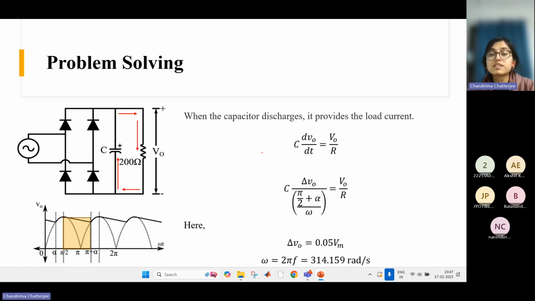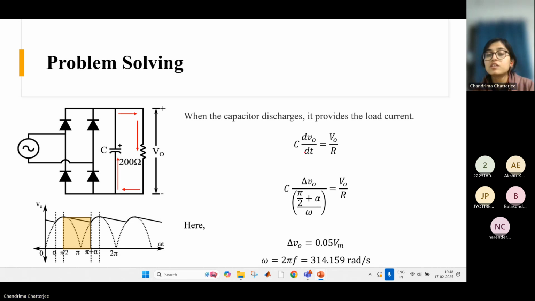So during the discharging period, the capacitor current we can express like this: C dV by dt, right? That is equal to V naught by R, because the output voltage is V naught and the load resistance is R. This equation is valid only during the discharging period that I have highlighted.